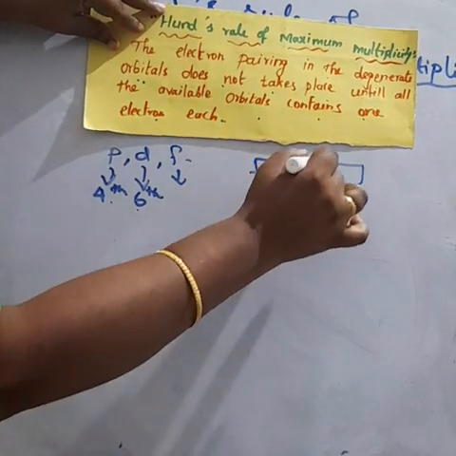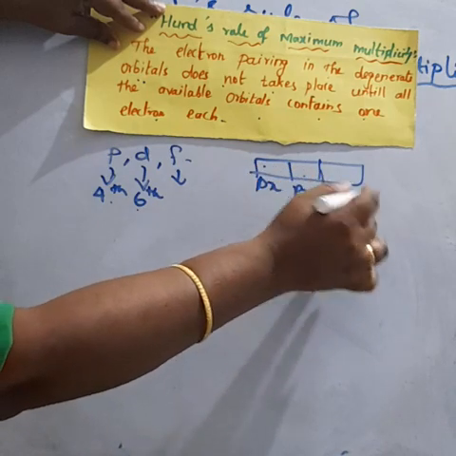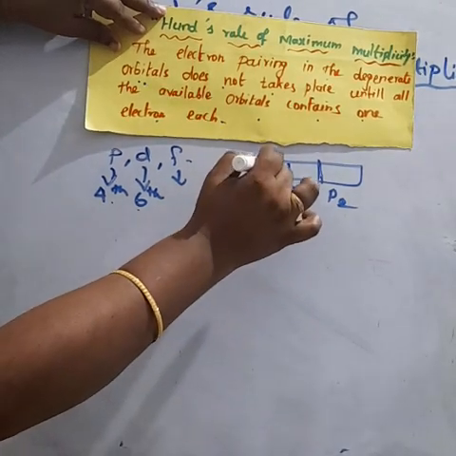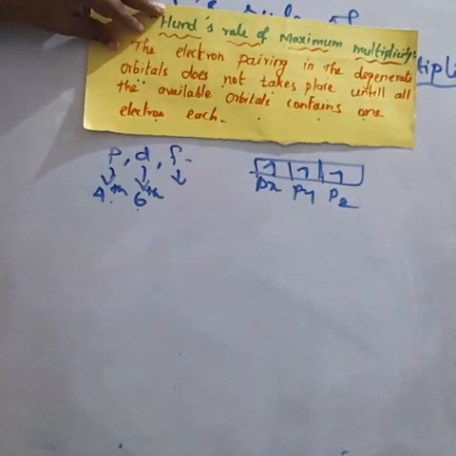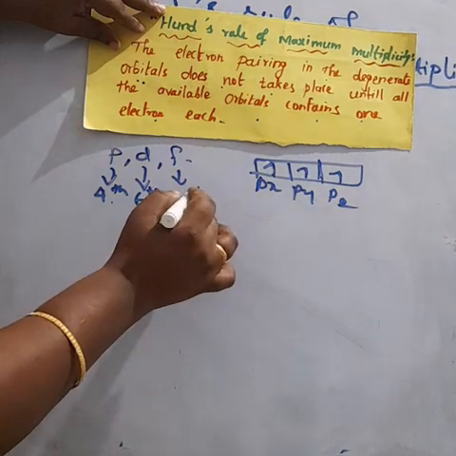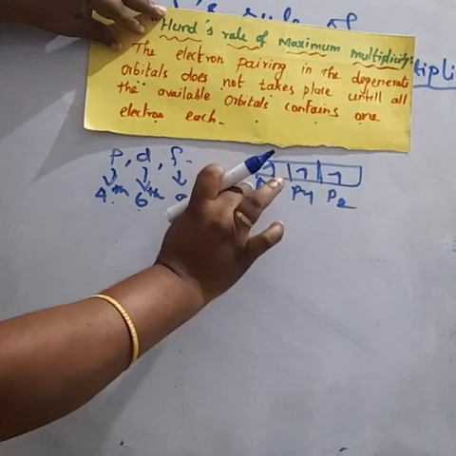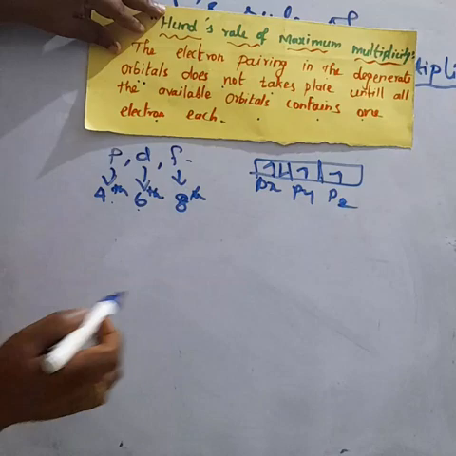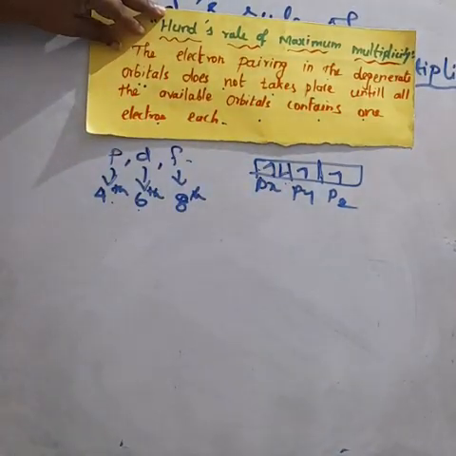Total how many p orbitals are there? 3 p orbitals: px, py, pz. We fill 1 electron, 2 electrons, 3 electrons in the clockwise direction, with the same spin. From the 4th electron onwards, pairing starts.